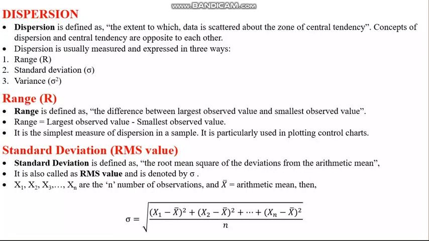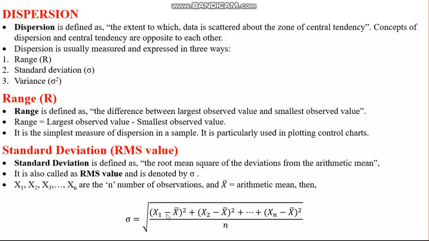Here x bar is the mean, and x1, x2 and so on are the observed values. How much is the variation from the mean?